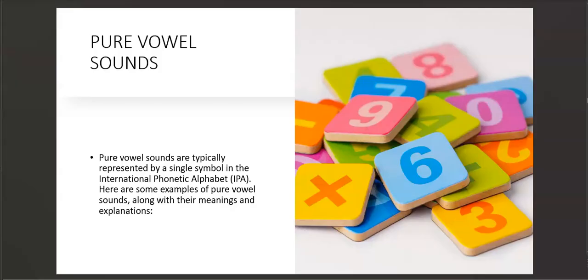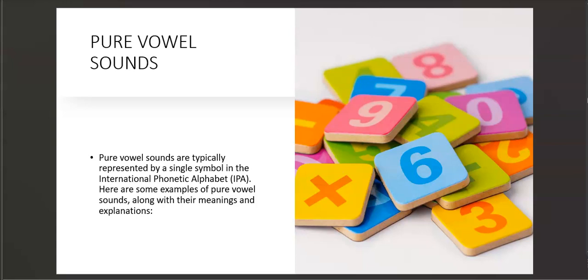Okay, so pure vowel sounds are typically represented by a single symbol in the International Phonetic Alphabet. So here are examples of the pure vowel sounds, along with their meanings and explanations.